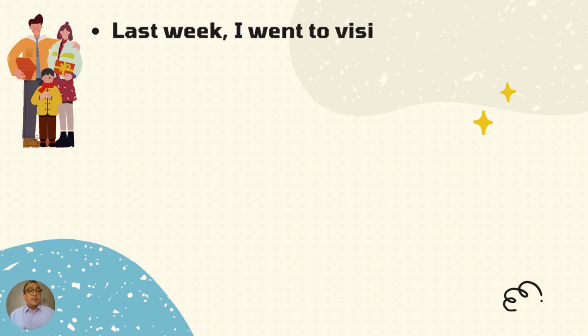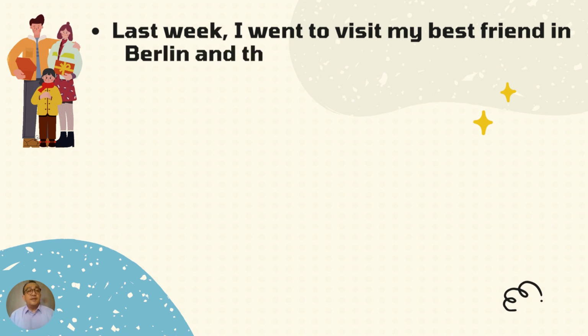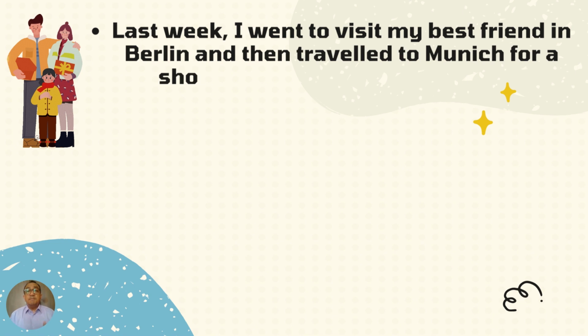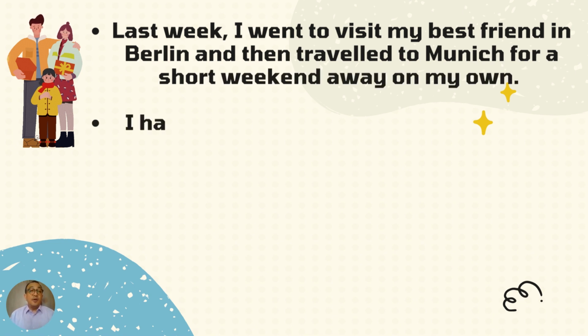The next slide. All right, this is what I mentioned previously. We have three contexts here. The first context is: last week, I went to visit my best friend in Berlin and then traveled to Munich for a short weekend away on my own.